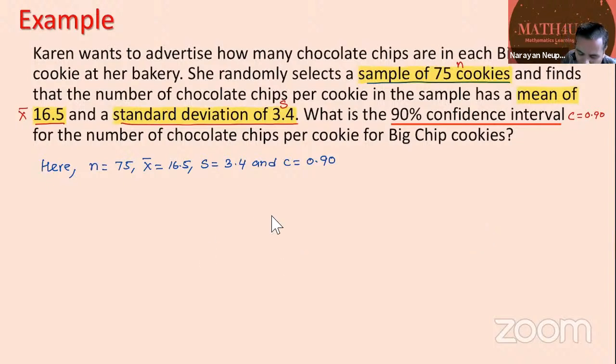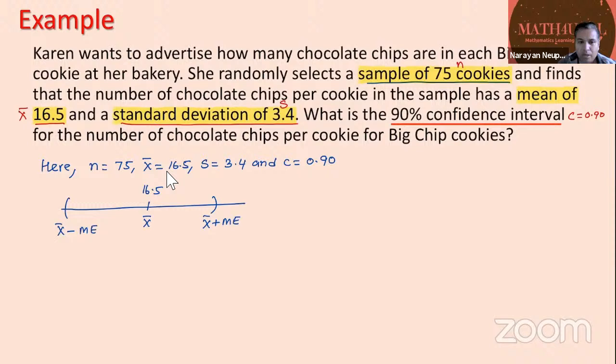But before that, let me draw that confidence interval. We have the sample mean in the middle. That is 16.5. Then we need to add the margin of error to get the upper boundary. And also we have to subtract the margin of error from the point estimate to get the lower boundary.